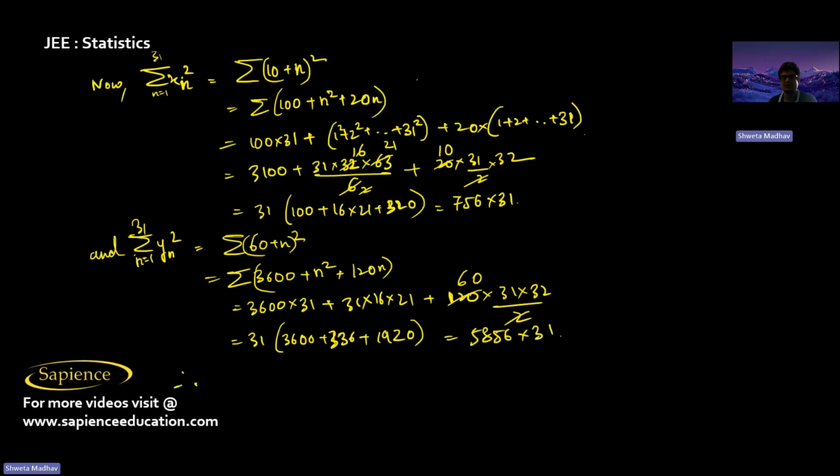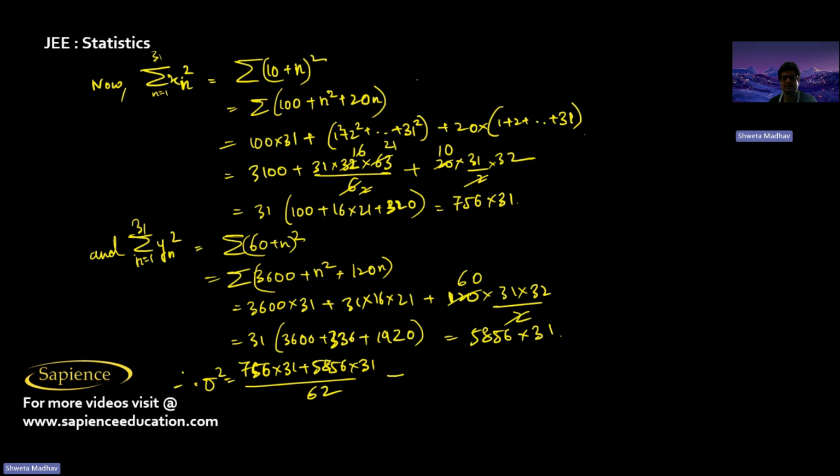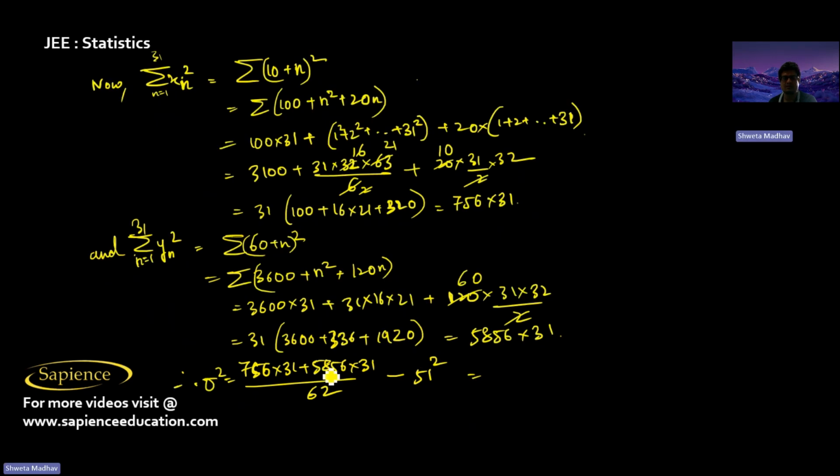And therefore, sigma square will be equal to summation xn square, that is 756 into 31, plus 5856 into 31, divided by 62, minus 51 square. So we can write (756 plus 5856) into 31 by 62, so this by 2, minus 51 square.